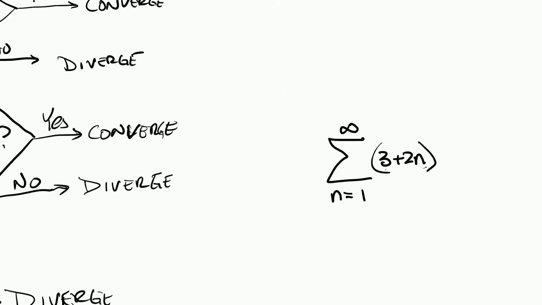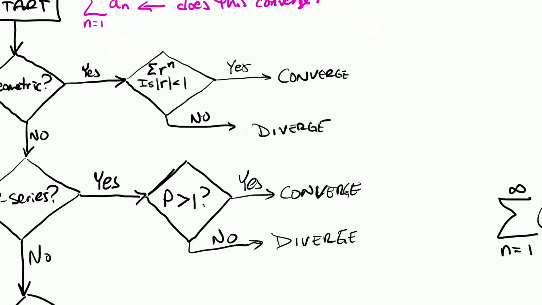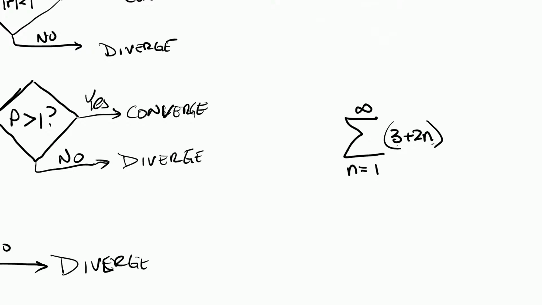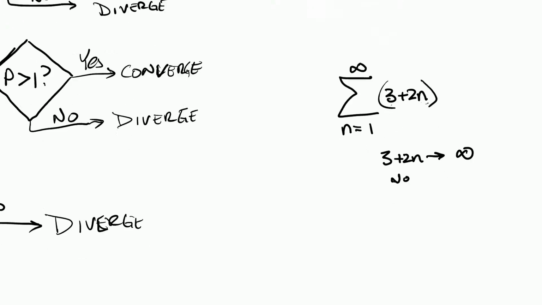What makes these series converge is that the terms get smaller and smaller, closer to 0. If you're always adding together numbers that are not close to 0, you will never converge. You'll always keep growing, even though you might be growing slowly. This one actually grows quite quickly. 3 plus 2n goes to infinity, so the answer is no, because you're adding together bigger and bigger things.